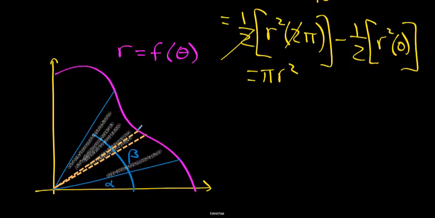Okay. Now notice that it's not exactly the area I'm looking for, right? It doesn't go out here perfectly. In other words, it doesn't perfectly fit the curve like it did in a circle. So there's a little bit of error, but remember, we're letting this delta theta get infinitely small.